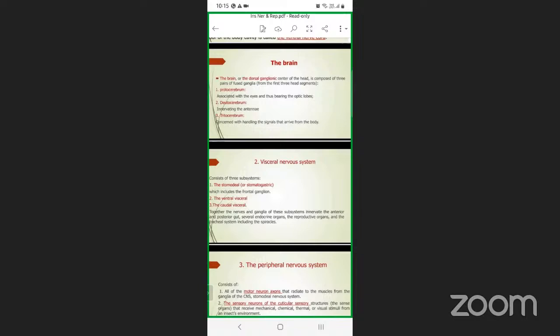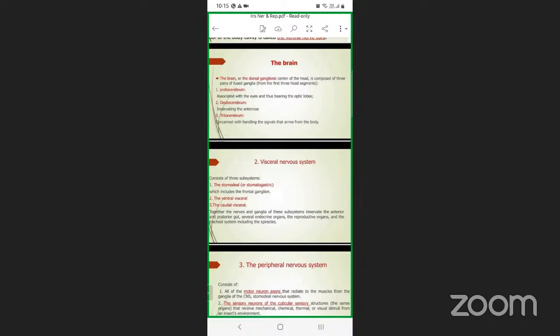Coming to the brain part, the brain, or the dorsal ganglionic center of the head, is composed of 3 pairs of fused ganglia: the protocerebrum, deuterocerebrum, and tritocerebrum.